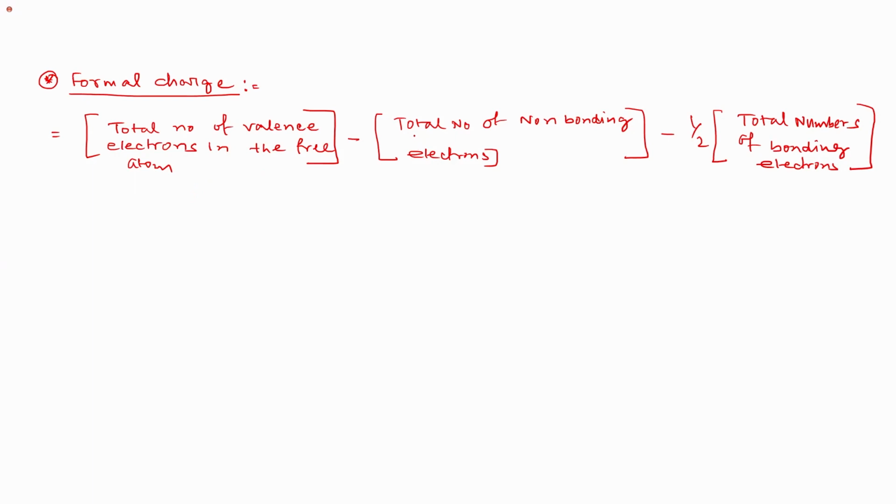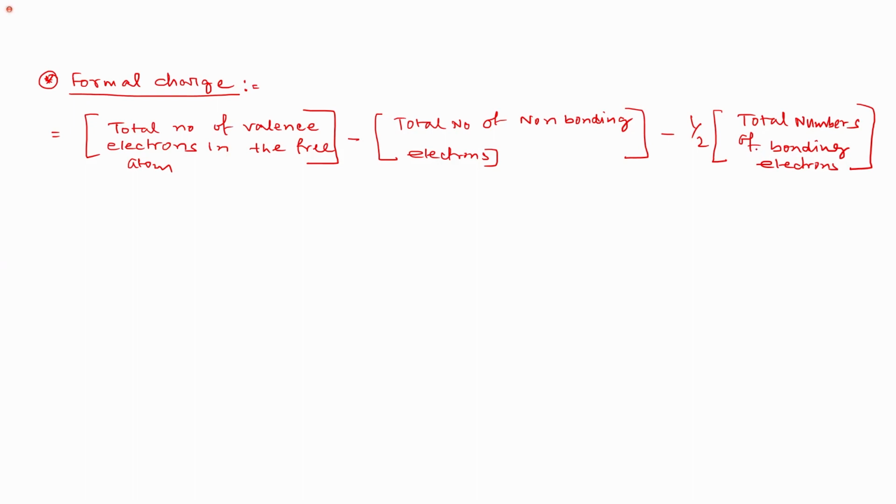Then we have to see the total number of non-bonding electrons. So in an oxygen molecule, how many non-bonding electrons are there? That means how many electrons are not participating in the bonding. Then we have to see the total number of bonding electrons.